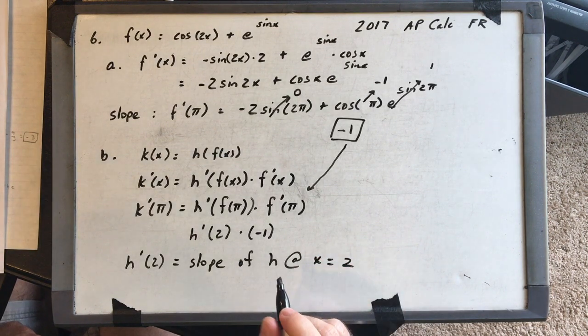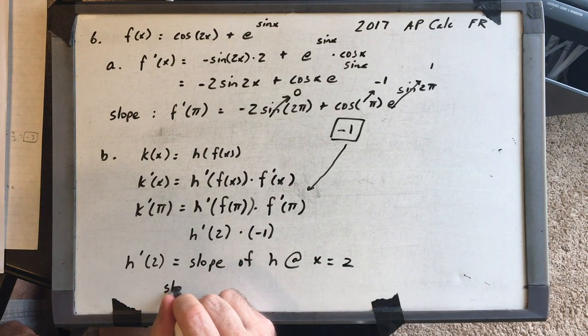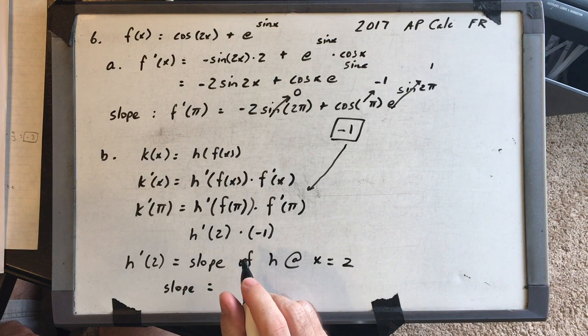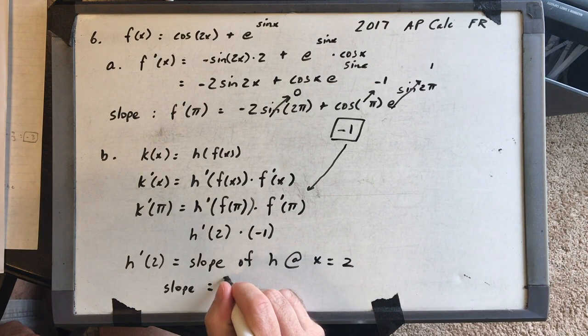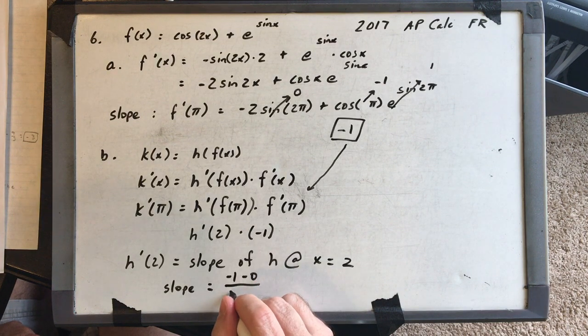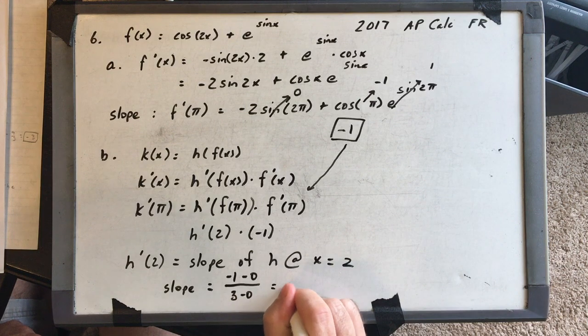So you're going to look at the graph, okay? The slope is going to be y2 minus y1, so that's going to be negative 1 minus 0 over x2 minus x1, so that's going to be 3 minus 0, which is negative 1/3.